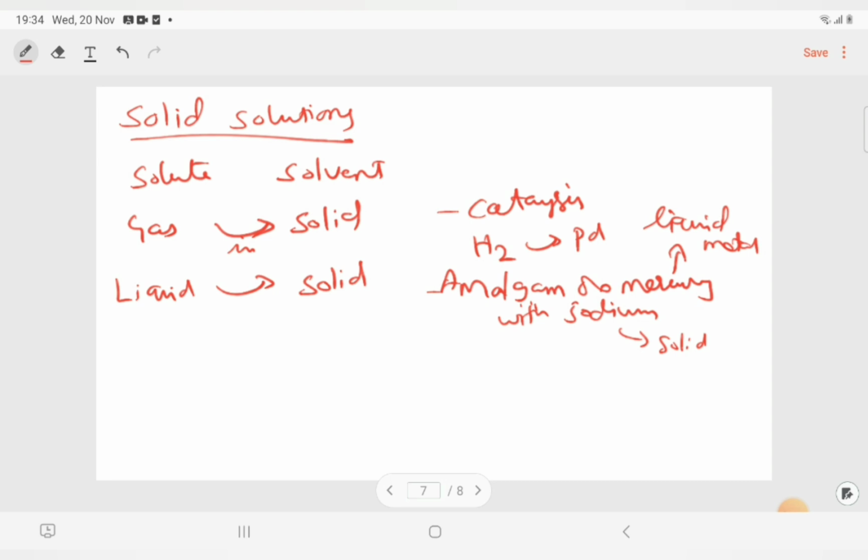Some of you might have experienced, or will experience when you go to college, whenever you see mercury at the physics or chemistry laboratory, students used to play with it in their hands. Some of you might have had a golden ring on your finger. In those cases, the mercury will surround the gold ring. Instantly, your gold ring will look like a silver ring.